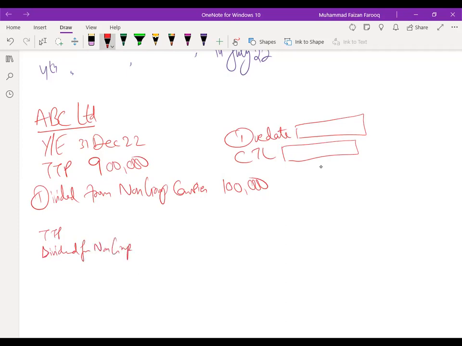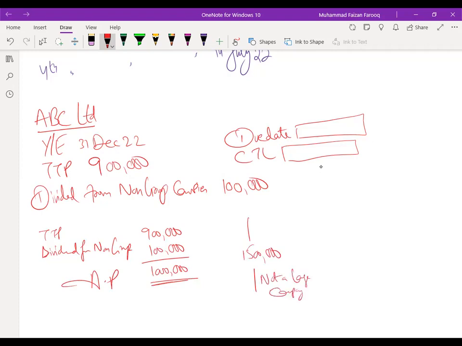TTP is 900,000, dividend is 100,000, it's 1 million AP, which is less than 1,500,000. Below the threshold means not a large company. Am I right? So the due date will be what?